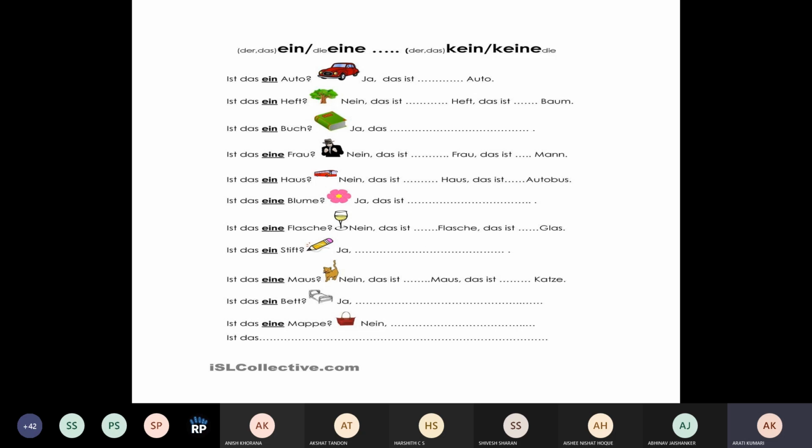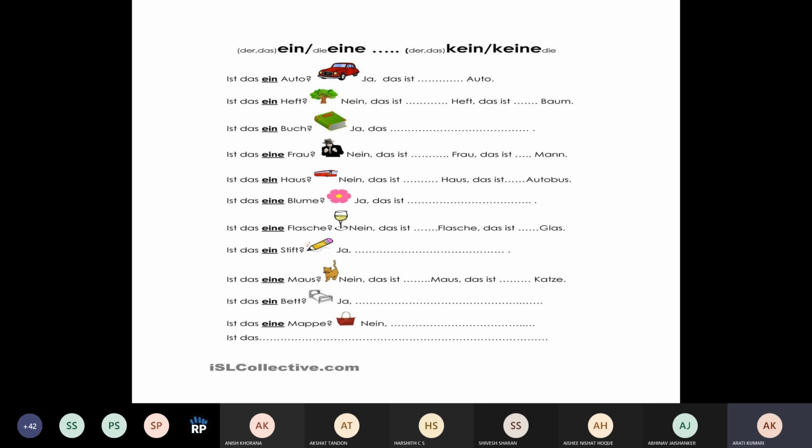To be very precise, Stift is pencil. That's what I know. Plural for Bleistift will be die Bleistifte.